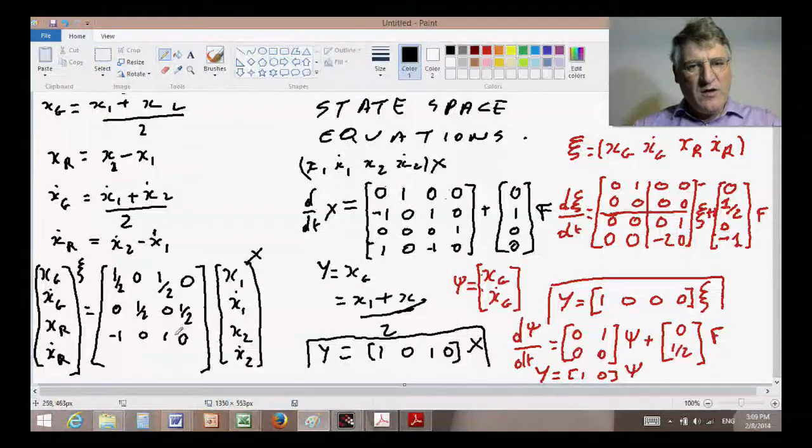And xr dot likewise will be 0, -1, 0, 1.